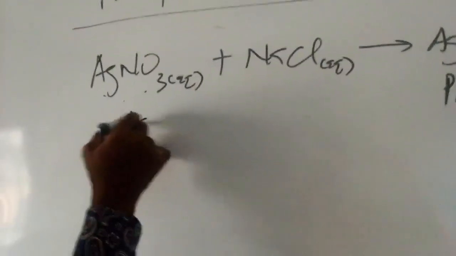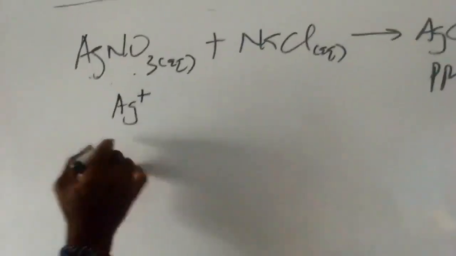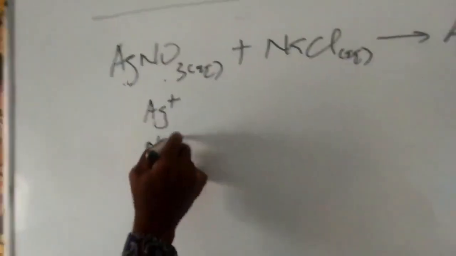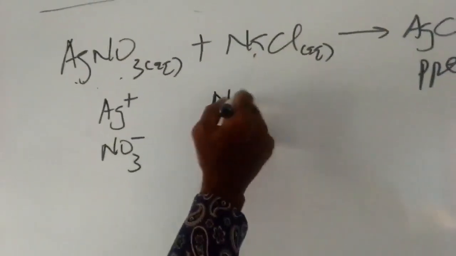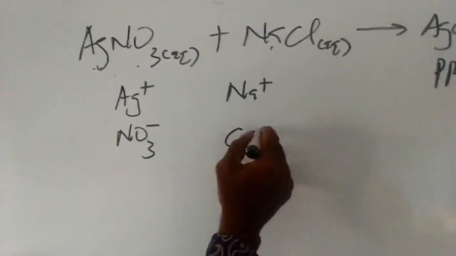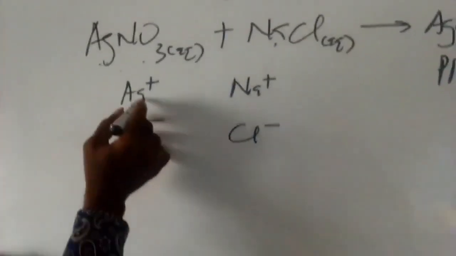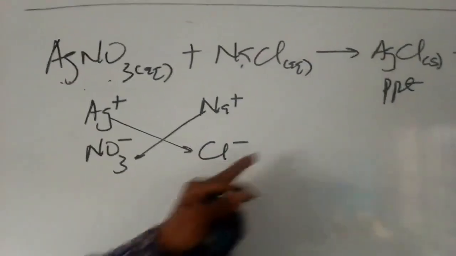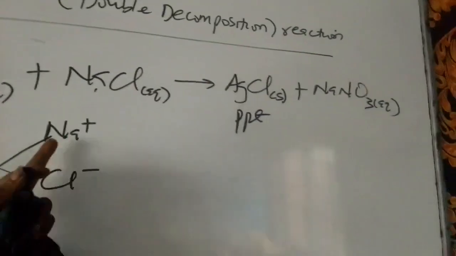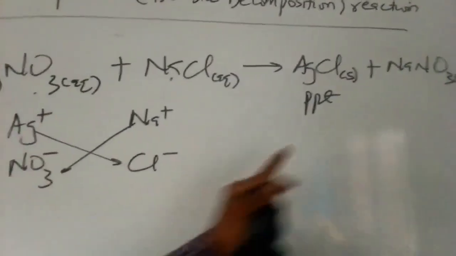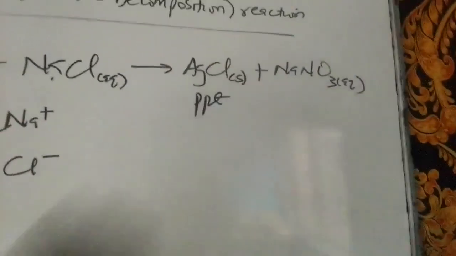If you look at the analysis, this splits into silver ion, cation, and nitrate ion, while this splits into sodium ion and then chloride ion. When you move unlike terms together, you then produce silver chloride, which is an insoluble compound, and also sodium nitrate, which is a soluble compound.